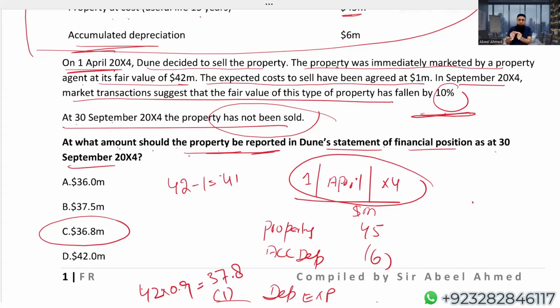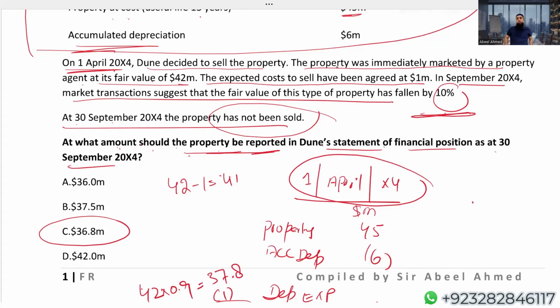And within 6 months, if you did not sell, it's okay. The issue arises if 12 months have passed and you did not sell the property. Then obviously, if there is no exception, you will take your property out of IFRS 5 and bring it to the normal IAS, but that is not in the FR syllabus. This is what you study in SBR. But right now, I was just giving you an idea.